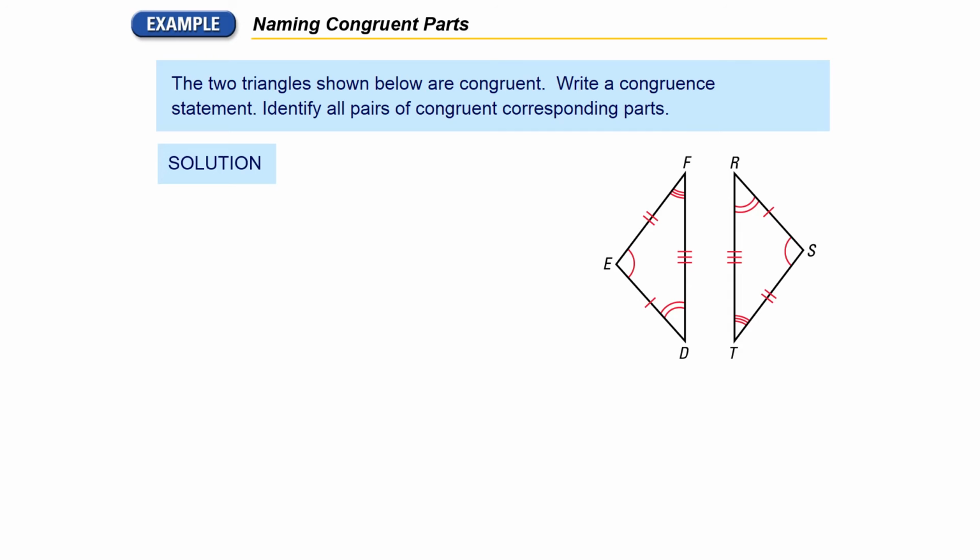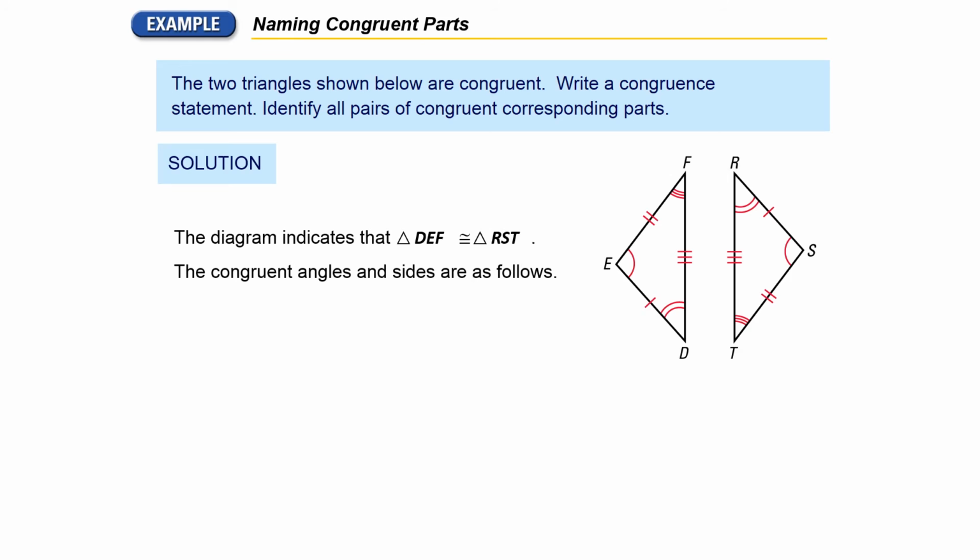It all depends how you begin your triangle. If I started with FED, F has a triple, I would have started with T. E is a single, then I would have gone with S. D is 2, then I would have finished with R. So my statement would have been triangle FED is congruent to triangle TSR.